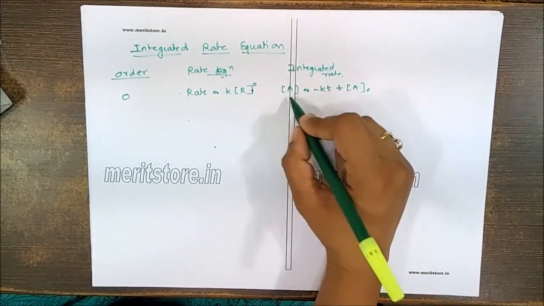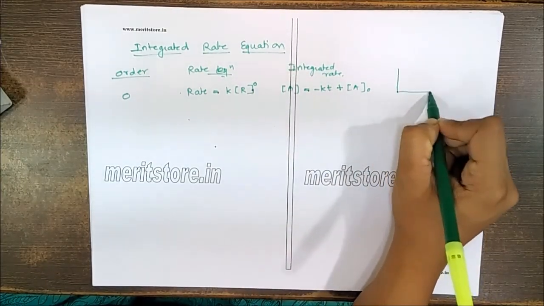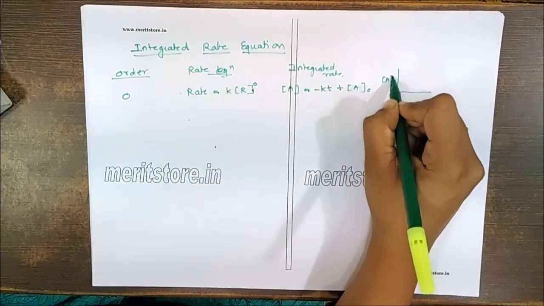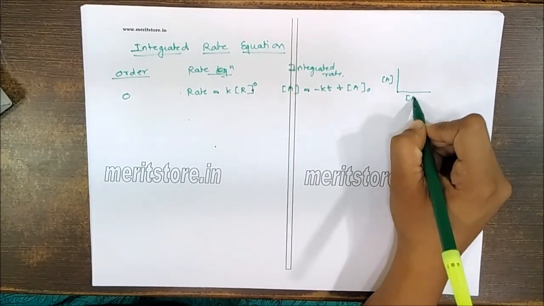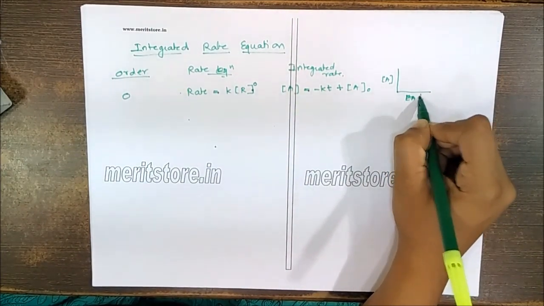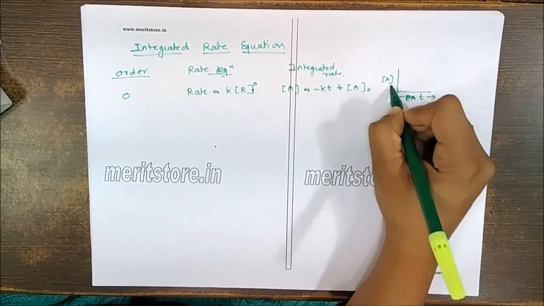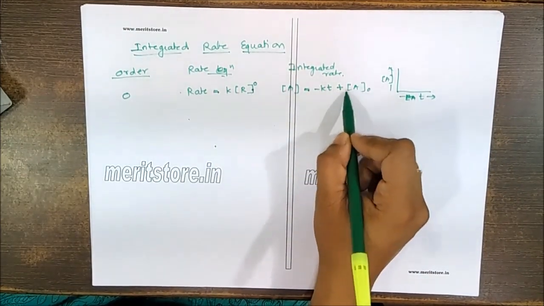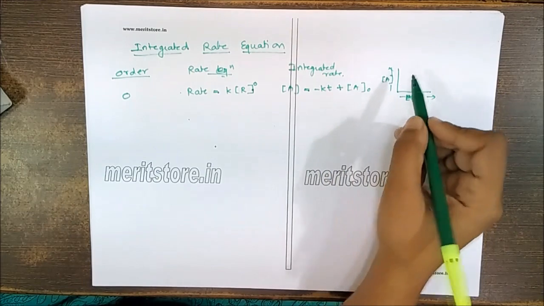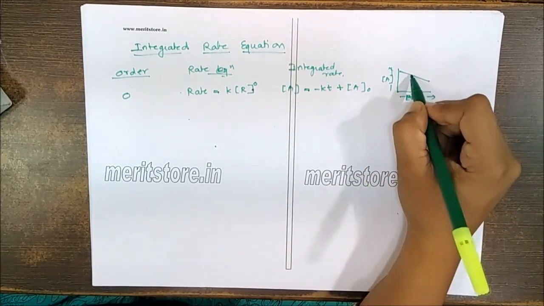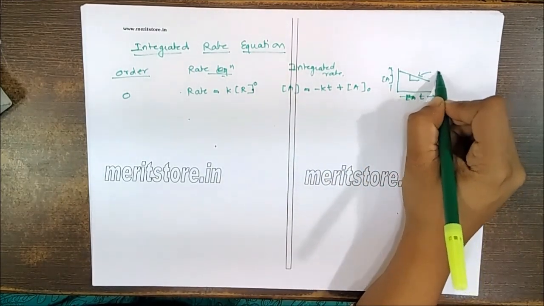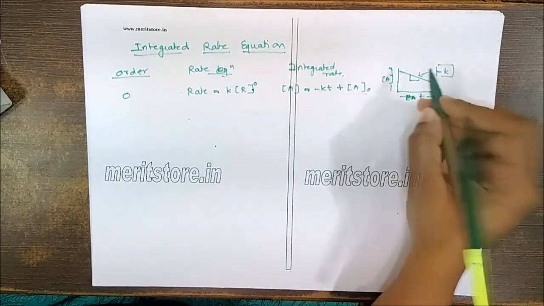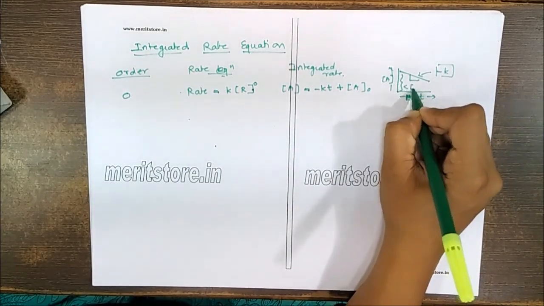So we can plot the graph of concentration of A versus T. When you plot this graph, it shows a negative slope with some intercept on the y-axis. So the graph will be like this. The slope will give you an idea about minus K, and the intercept will be A0.